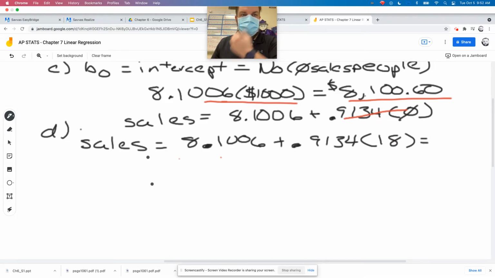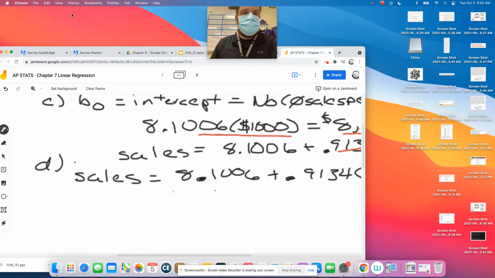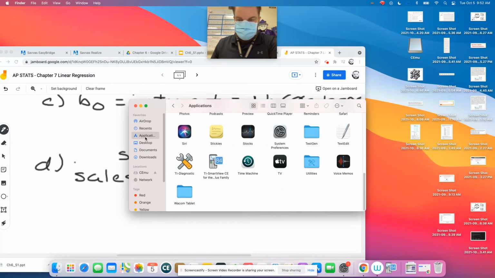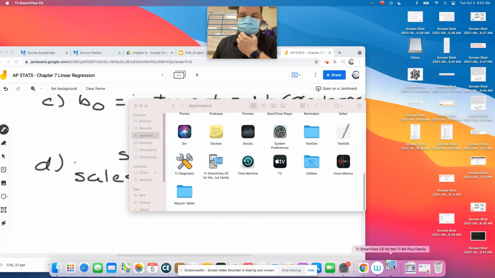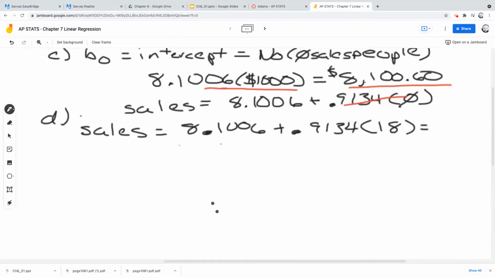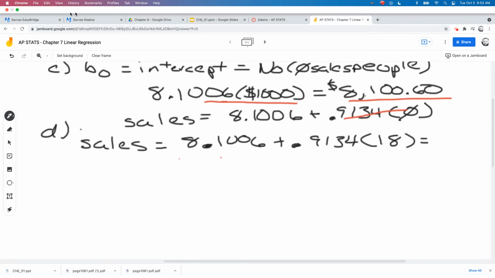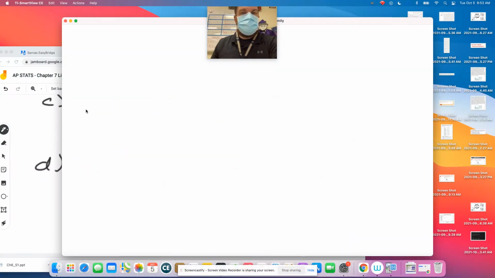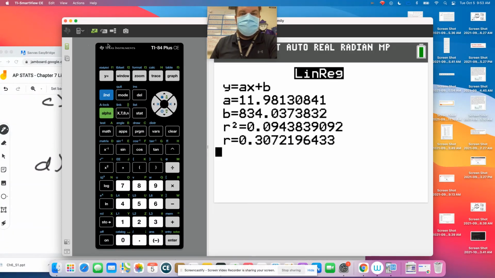And I'm going to get out my handy dandy calculator. I encourage you guys to do the same, because we need to practice using the calculator. Of course, it'll take a second to load up. I got 15 monitors going on.